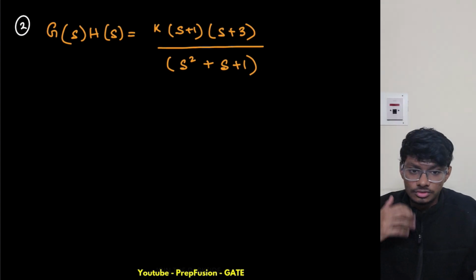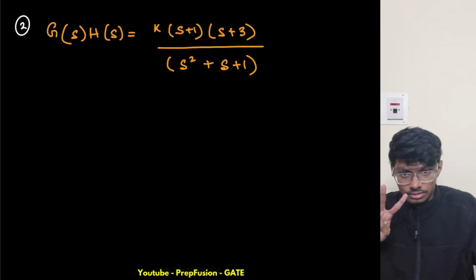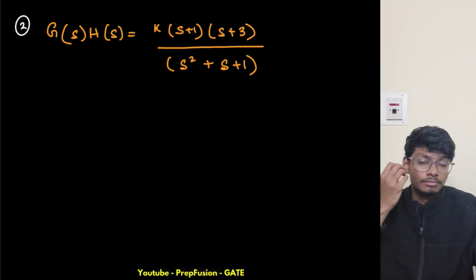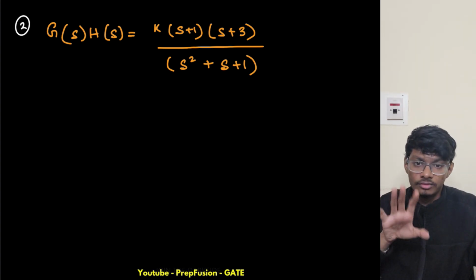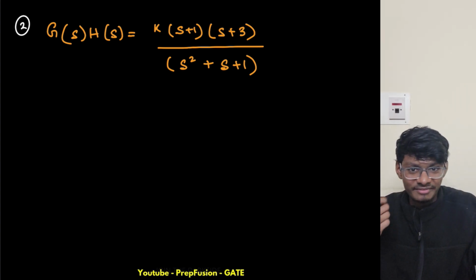These are my two real zeros. So what do I see? The break-in point and the breakaway point will be the same as in the previous example, whatever the breakaway point value was. But what will differ? Only one parameter I haven't talked about will differ. Let me know in the comments.